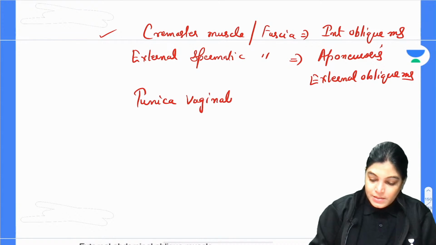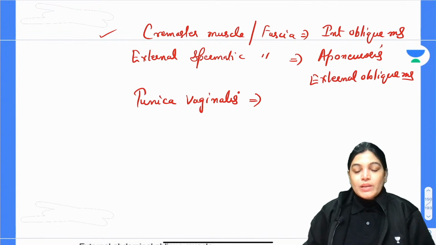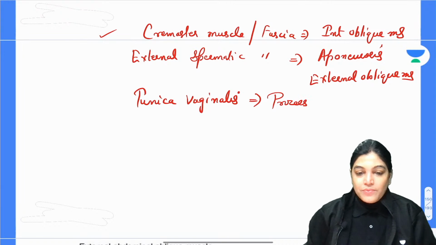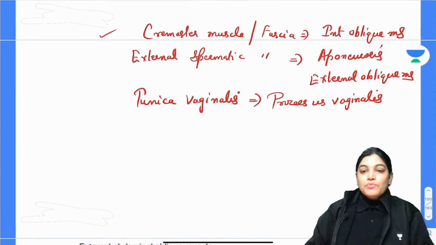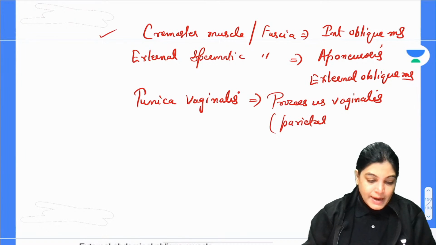Tunica vaginalis is derived from the processus vaginalis. Now the next point is this processus vaginalis is actually formed from parietal peritoneum. It is formed from parietal peritoneum.